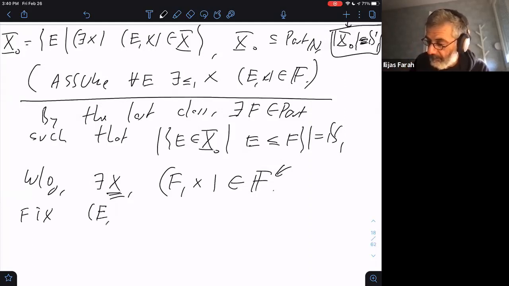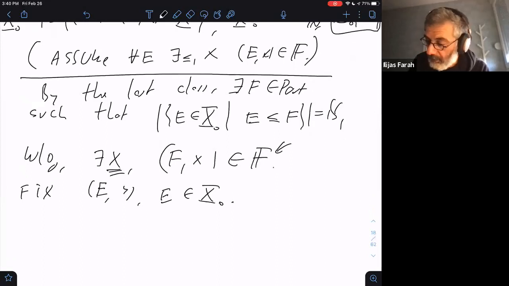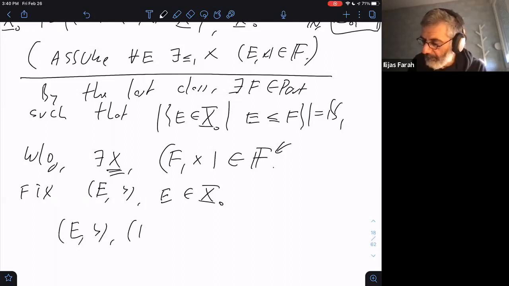So now, fix EY. Okay, so I have kind of lousy notation. So fix EY such that E is in X0. And now what do we know? We know that EY, comma, FX belongs to L_D0.